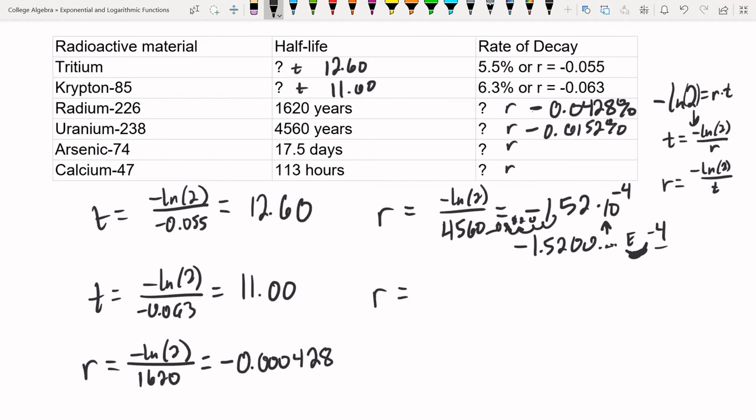Okay, we have a rate. In this case, we have 17.5 days. We don't want days. We want years. So I'm going to first change this into years.